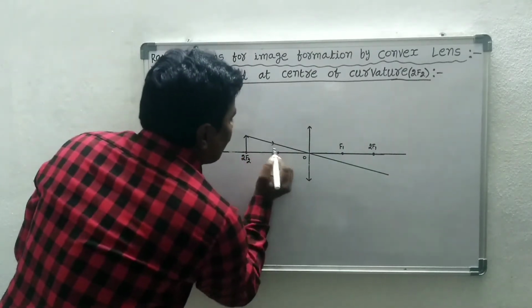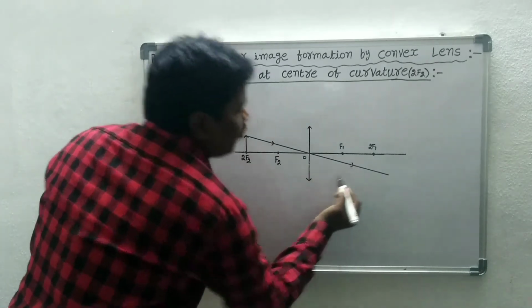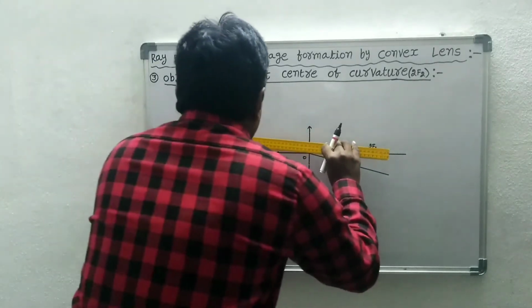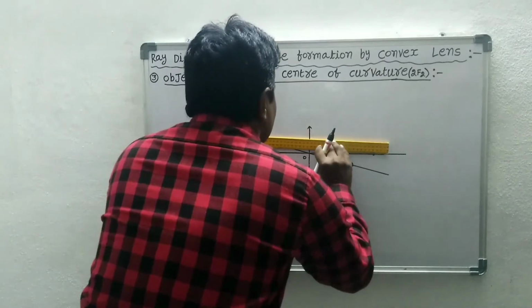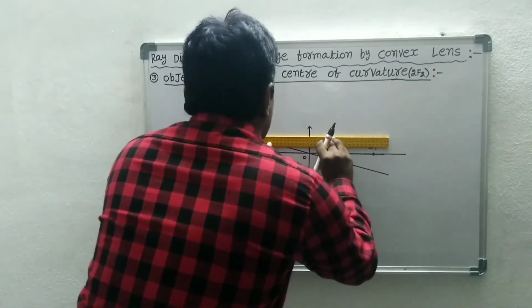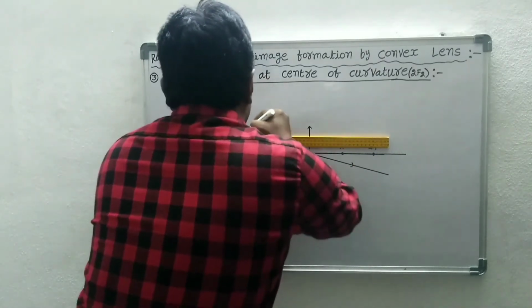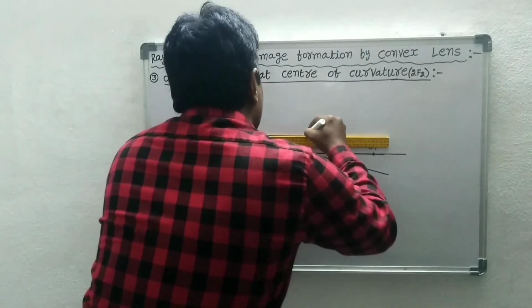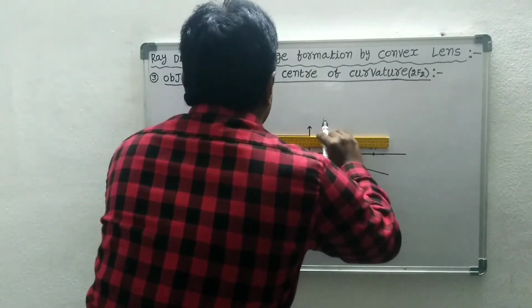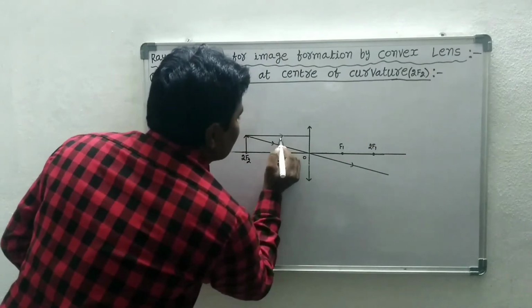Now we draw the light ray parallel to the principal axis. So this is the light ray parallel to the principal axis.